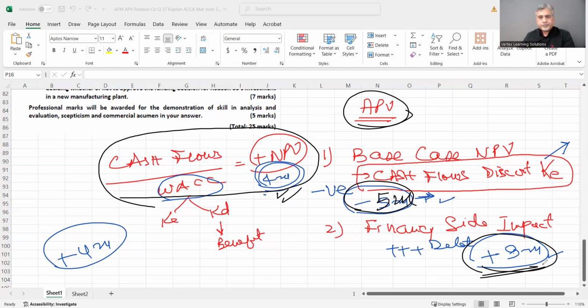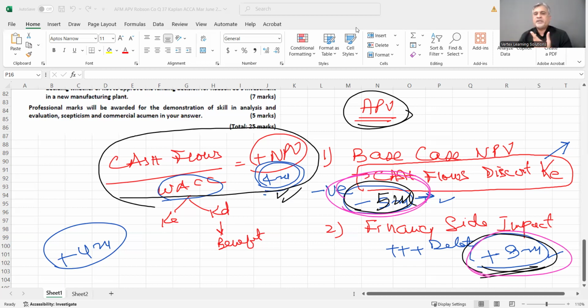Because the project itself, if I see here, is 5 million negative. It does not have any operational feasibility, if it comes out to be like that. So then I understand that financing is important. I don't want to do this project with my own money. I will only run this project if I get these financing options. This is the concept of APV.